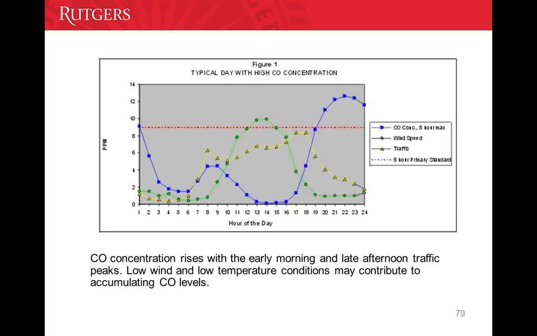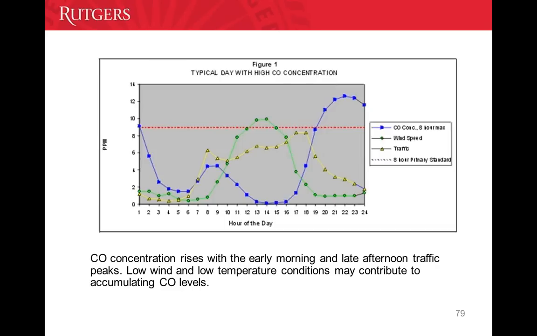This is the carbon monoxide concentration and how it changes over time and its effect as it relates to traffic. Low wind and low temperature conditions also contribute to the accumulation of CO levels. And so you see as the wind speed changes, we have changes in the CO levels. You can see that traffic influences the CO levels.